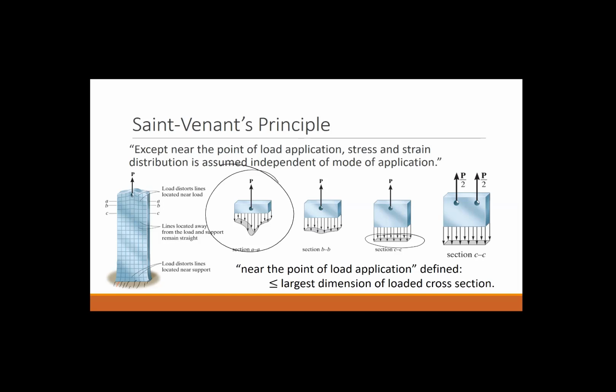If we apply the same magnitude of loading but in 2 different locations, and you look far enough away from that point of application, it no longer matters which way you applied the load. Because if you go far enough away, you're going to end up with this more or less uniform stress state.